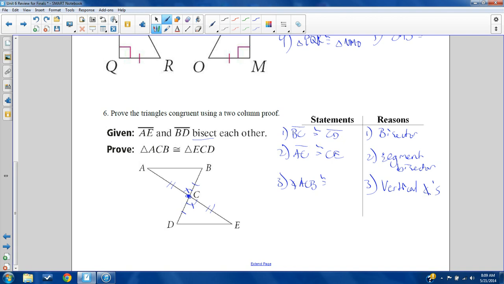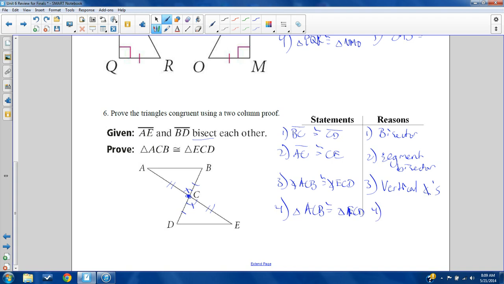But I like to write it in the order of parts which correspond. If AC corresponds to EC, then I want to write it in that way. If I wrote ACB here, then I want to write ECD over here. Because when you make your triangle congruency conjecture, you can write it in that order. In fact, that's exactly the order they write it in. So vertical angles there. I have enough information to now say triangle ACB is congruent to triangle ECD.